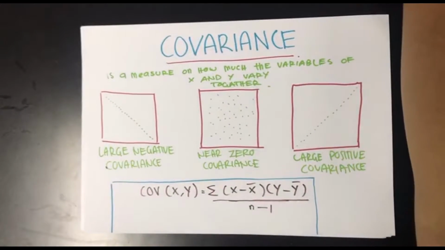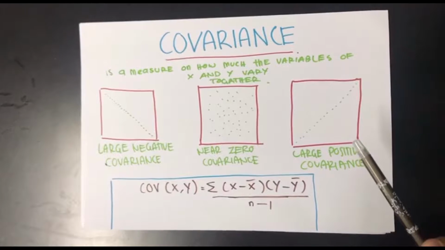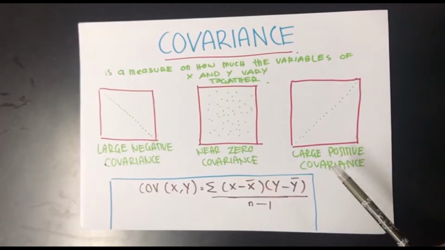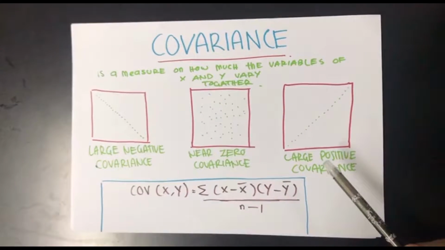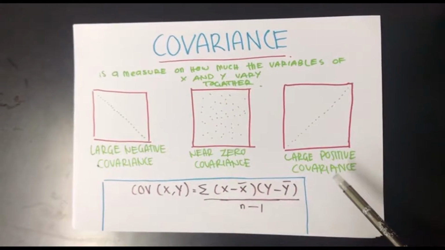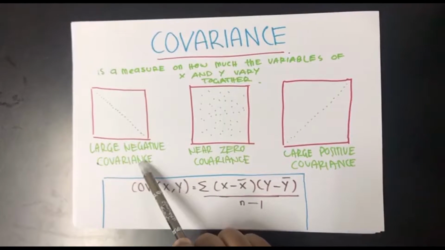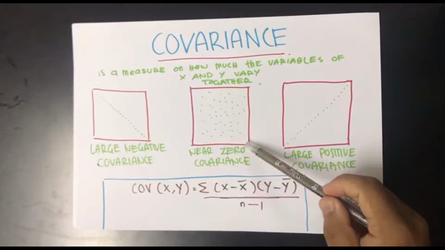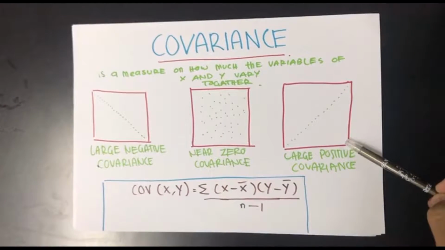Next, you must know what is covariance. Covariance is a measure of how much the variables x and y vary together. So, there are 3 types of covariance, which are large negative covariance, near zero covariance, and large positive covariance.